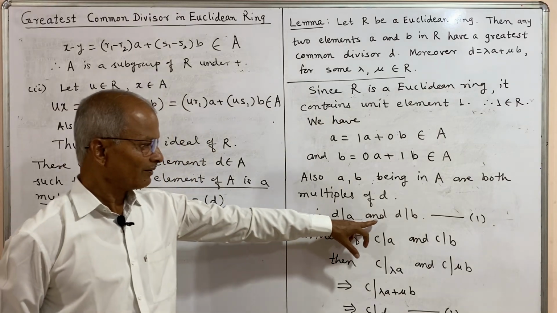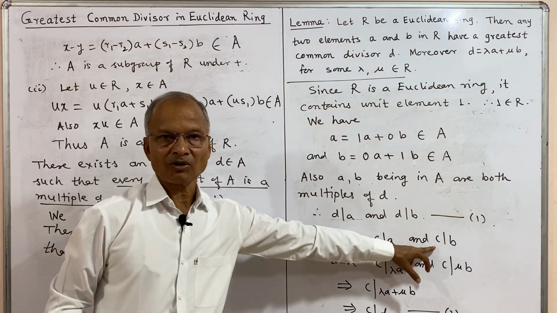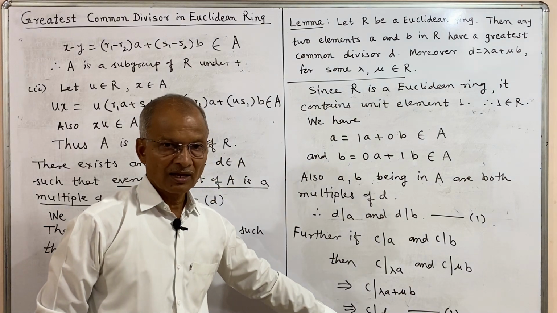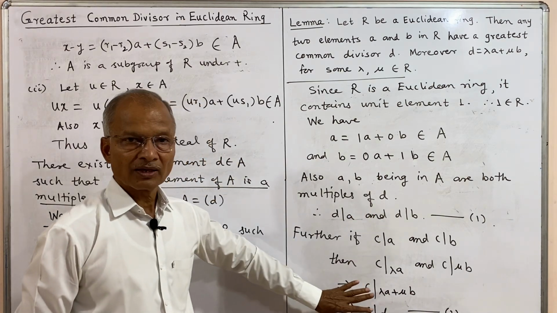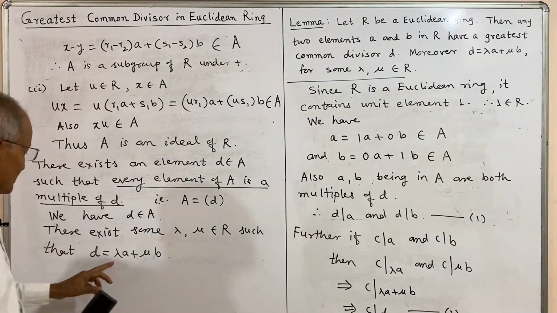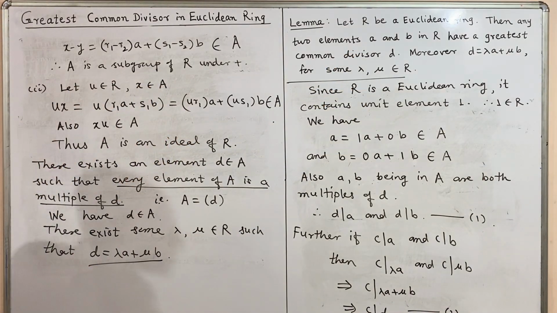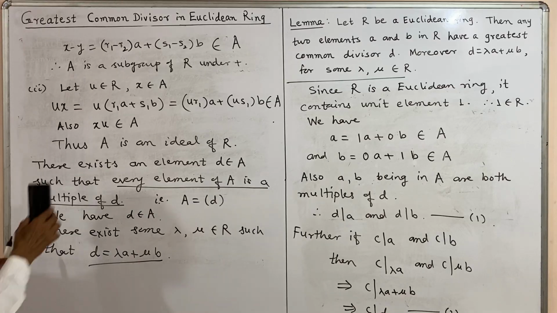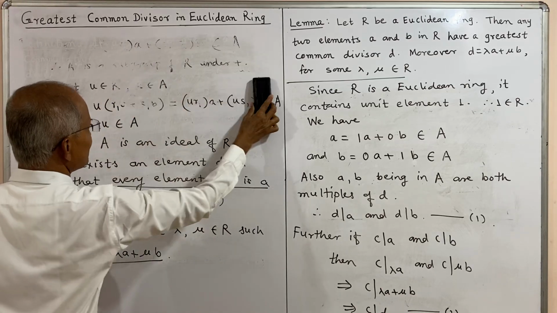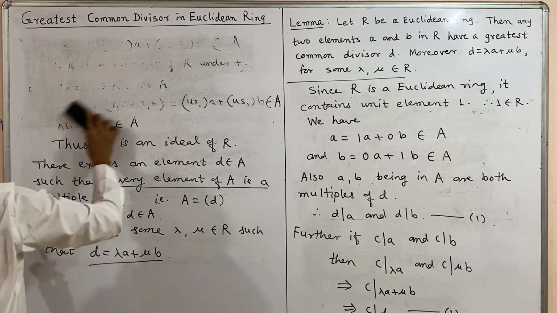D is a common divisor. If there is any other common divisor C, then that C also divides D, and this proves D is the greatest common divisor. D is written as the combination lambda A plus mu into B. Thus D is the greatest common divisor.